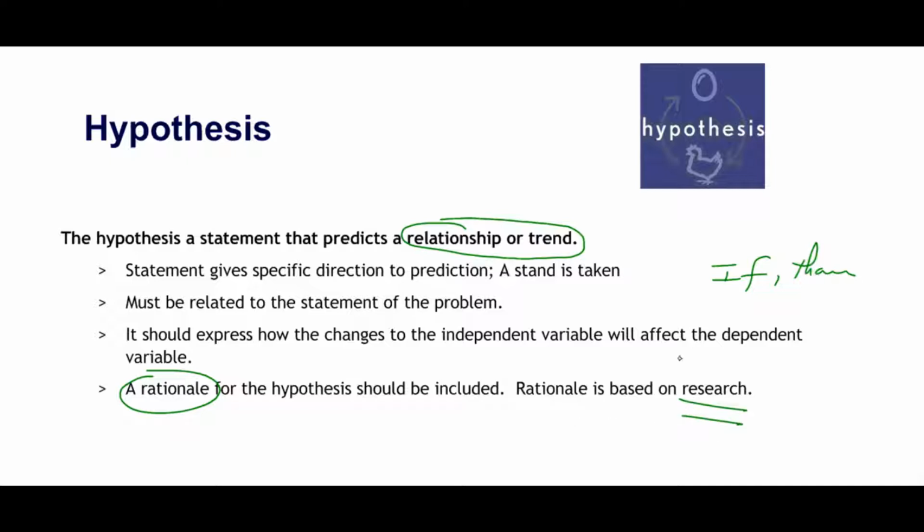So you're providing an if-then relationship, which means simply that you're expressing the relationship between the independent variable, that's the if, and how that will affect the dependent variable, that's the then. And then your because is going to be your rationale. So you're providing a reasoning for this.